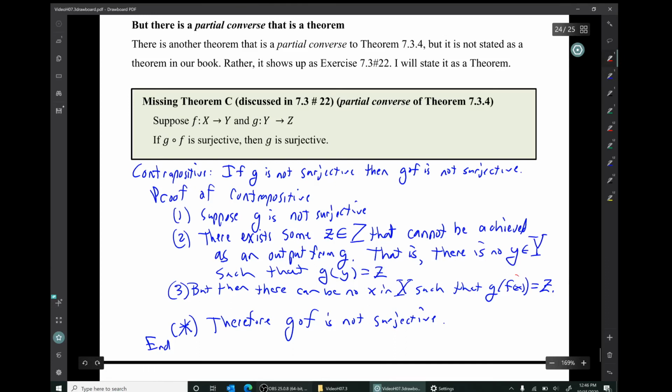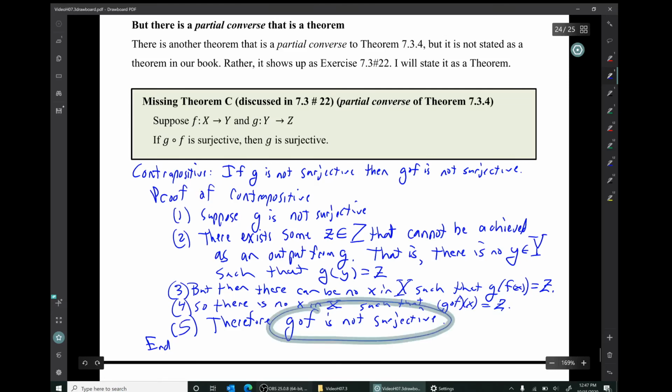Because this f of x is a y, and there is no y that will work to give an output of z. So there is no x in set capital X such that G circle f of x equals z. So therefore, G circle f is not surjective. That's statement 5. Let's go on.